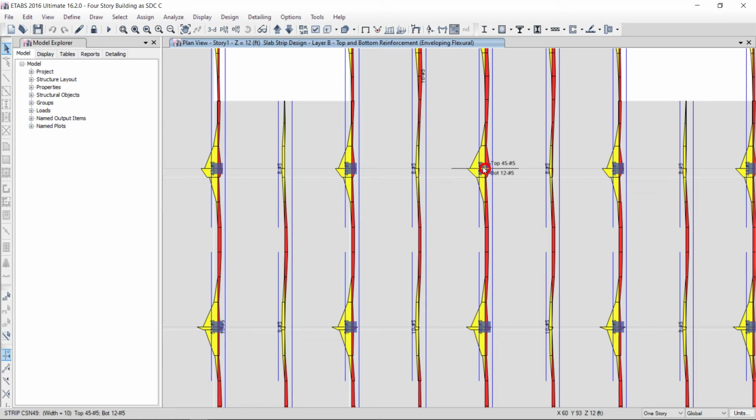And very important thing is, especially in seismic design category C, if you are designing a building in SDC-C, then your reinforcement of the slab should develop a full development length at the ends. That means you have to make sure that the bars are long enough at the end so that they will develop a full development length.